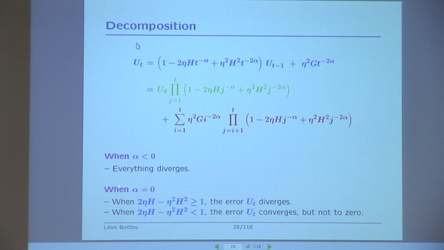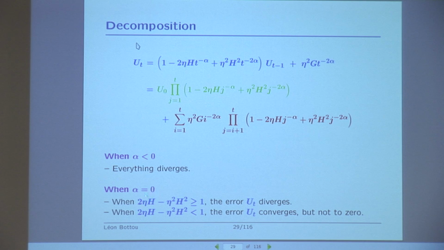So first observation, when alpha is less than 0, everything diverges, because basically my j to the minus alpha becomes bigger and bigger. And same for that one. So it goes to infinity, it's no good. We knew that.